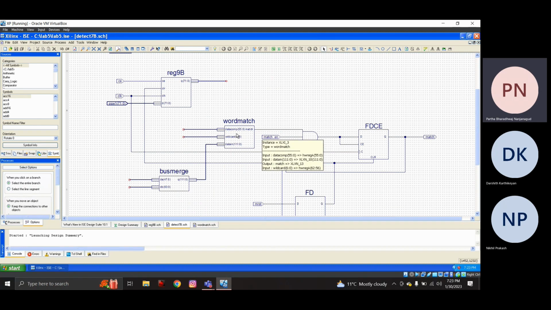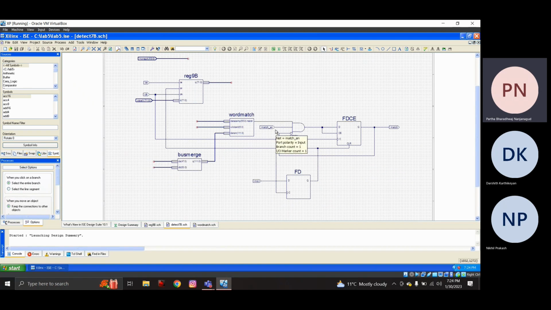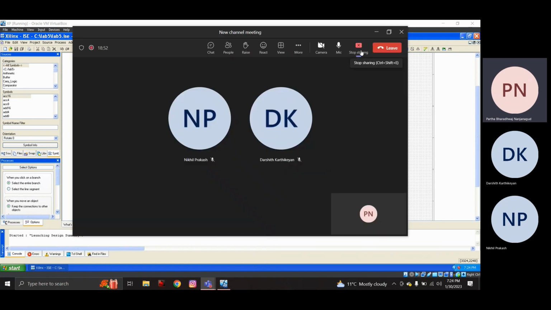The word match performs all the matching and provides a 1-bit output saying whether the particular data input is a match or not. Following that, we check the logic for whether we have an intent to match or not. After the intent is successful, we clock the output and give it as a matched input. Now my teammate Nikhil will carry on with the further presentation.